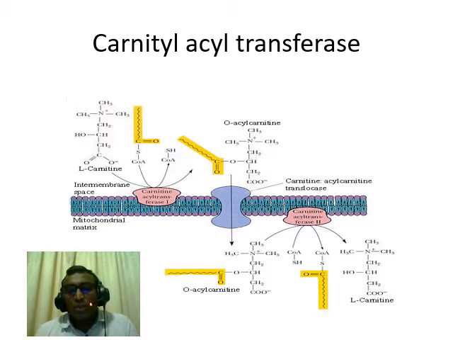Once the acyl carnitine goes through the translocase and is inside the mitochondria, the removal of carnitine takes place, and reattachment of coenzyme A takes place again. Therefore, you get the acyl-CoA inside the mitochondria to progress to beta oxidation.